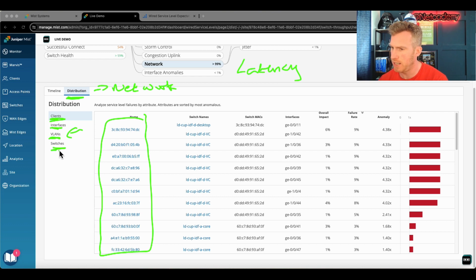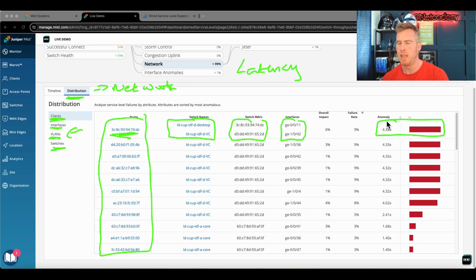So what we're seeing here is that this user, and this is just a MAC address, connected to these 2 switches with these MAC addresses on these interfaces, and that client is not having a good time because that anomaly is 4.38 times greater than the baseline, more than what the AI has learned is the normal operation for this network.